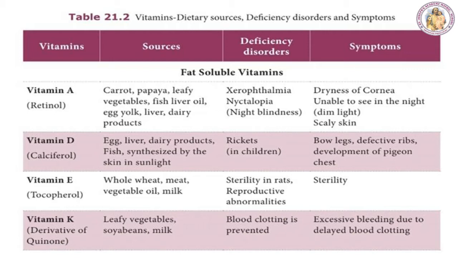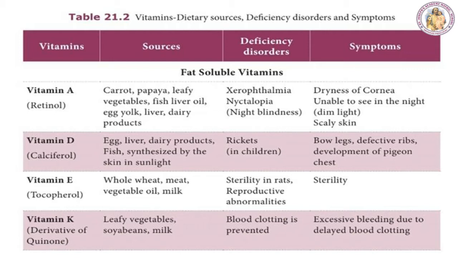Vitamin D: egg, liver, dairy products, fish, and it is synthesized by the skin in sunlight. The deficiency disorder is rickets, which affects only children, and the symptoms are bow legs, defective ribs and development of pigeon chest. And vitamin E: whole wheat, meat, vegetable oil, milk.